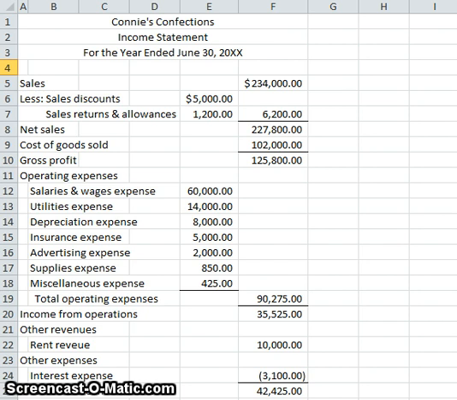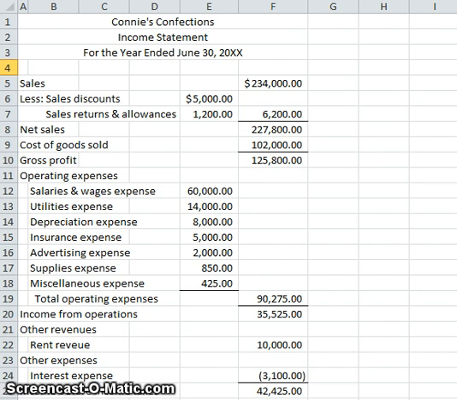Okay, so after gross profit, which again we have not seen on our other income statement, that's new with a multi-step, then we'll take out the rest of our actual operating expenses. So the top part deals specifically with the revenues and expenses or costs related to producing our product or selling our product. Even if you're not a manufacturing company, but you're a merchandiser, you still have a cost.